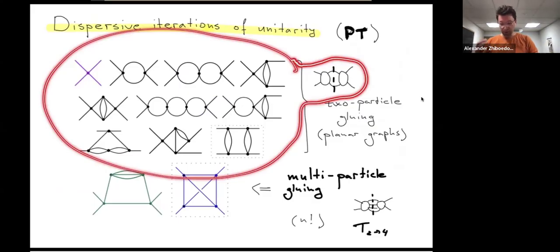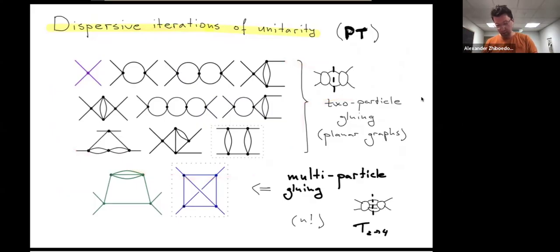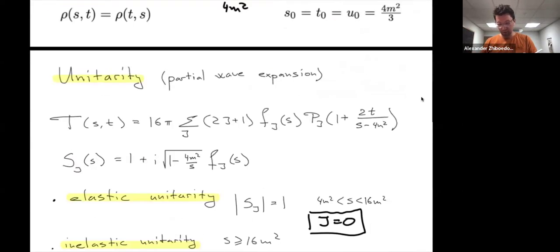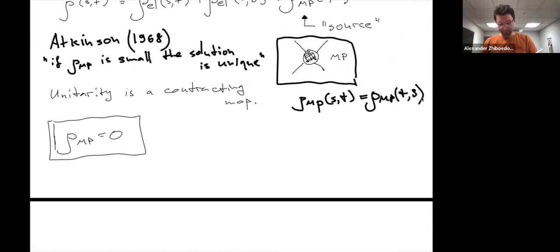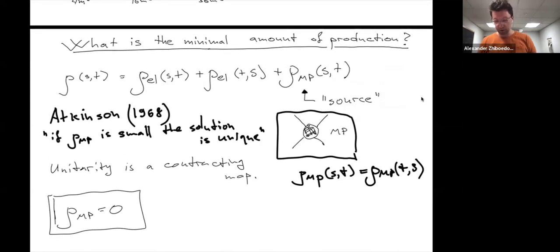Of course, if you try to compute them, it's a hopeless exercise, but the claim is that the equations I present to you, when you set rho MP to 0, this is precisely what you're doing, because you throw away all these complicated graphs. In some sense, you can think of this as a solvable model, the analog of an integrable model in some sense.